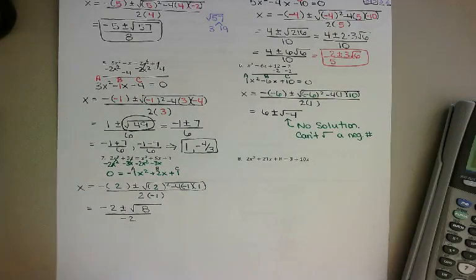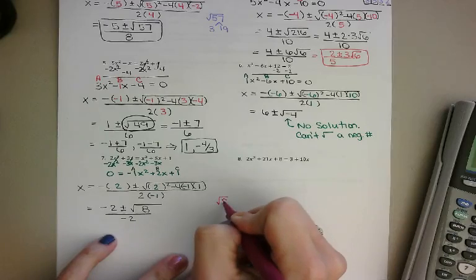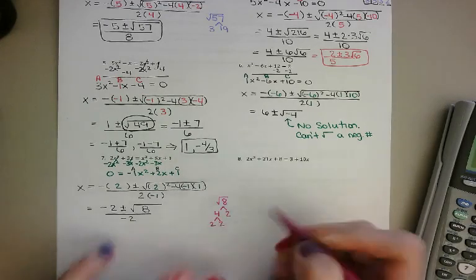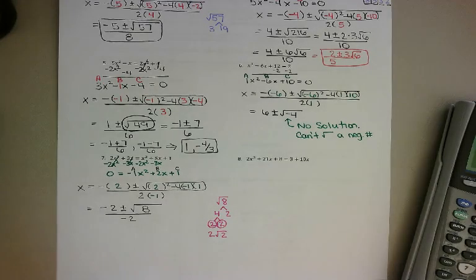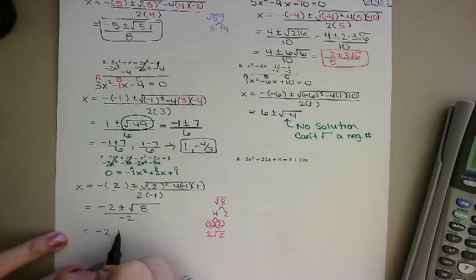Now I need to ask myself, can the square root of 8 simplify? So we could say 4 times 2, and 2 times 2. So yes, I've got a pair of 2s. So this answer would be 2 root 2. So we need to replace that and say negative 2 plus or minus 2 root 2. And all of that's divided by 2.